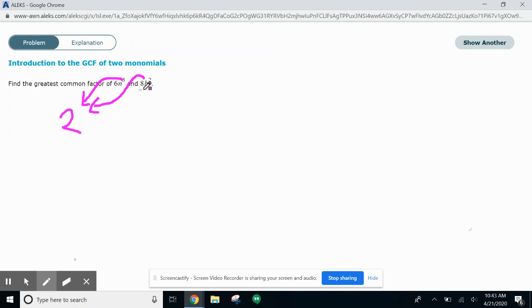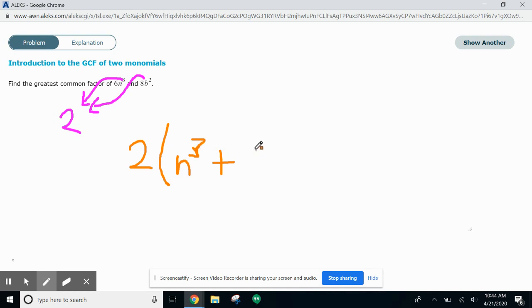And n and b, well, those are different variables. I can't take anything out. They're not the same. I need something that's the same. So now that means my final answer is going to have to be 2 on the outside and n3, and, oh gosh, that's an ugly 3.